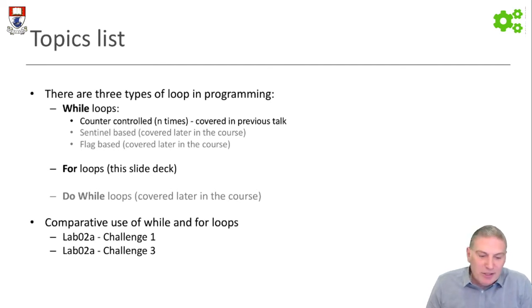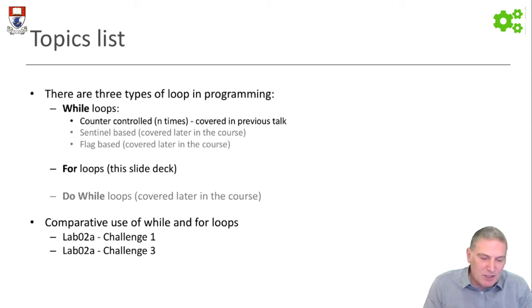So let's take a look at our topics list here. There are 3 types of loops in programming. We have while, for, and do while, which we've already mentioned, and we've gone through the while loops, counter-controlled n times, in the previous talk. We'll be looking at sentinel and flag-based loops in a later class. Don't worry about that for the moment, but I want to get you on to for loops.